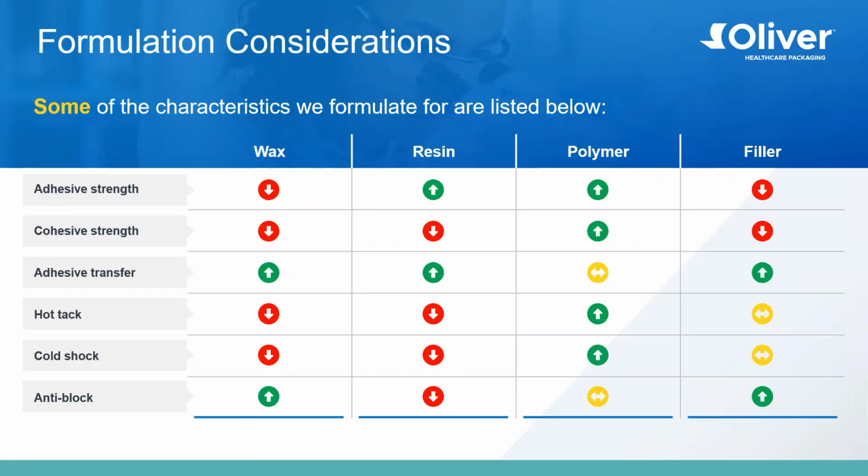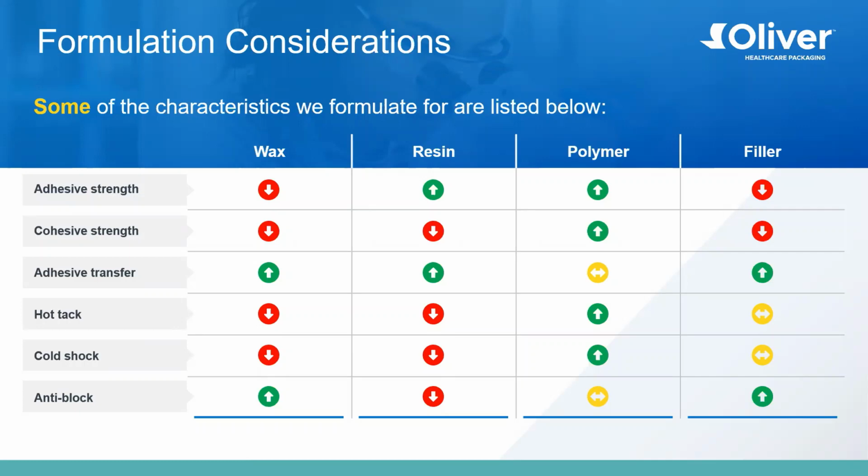Hot tack is an important characteristic, especially in thermal form fill seal applications, and that's really talking about how quickly that coating sets up and comes to strength after it's been sealed, and that's critical. Cold shock relates to how this coating performs in a cold temperature, whether it's dropped, so think about that shock, and not all coatings are equal in that regard.